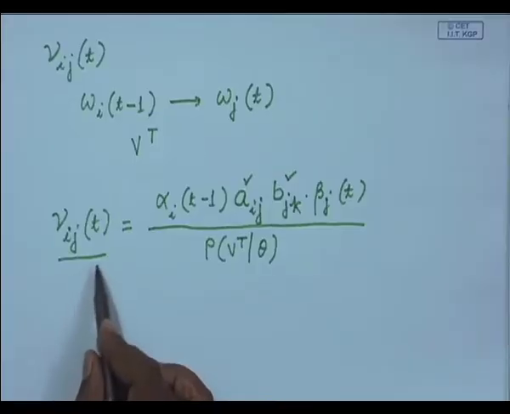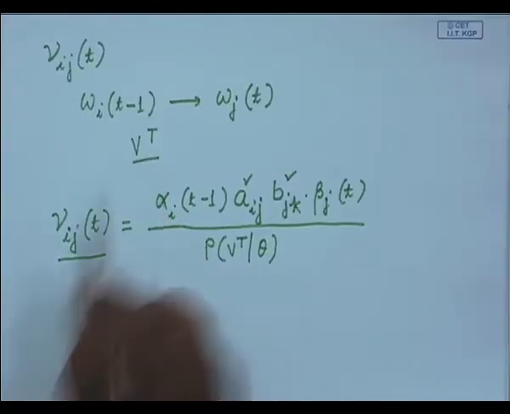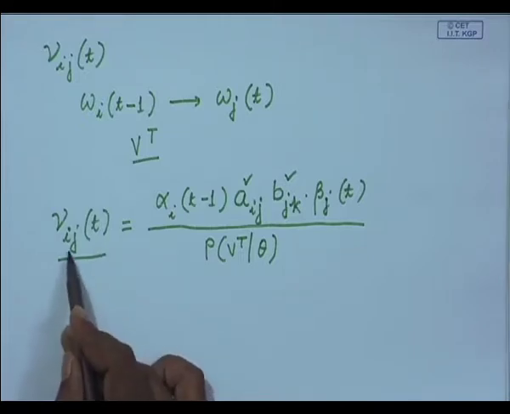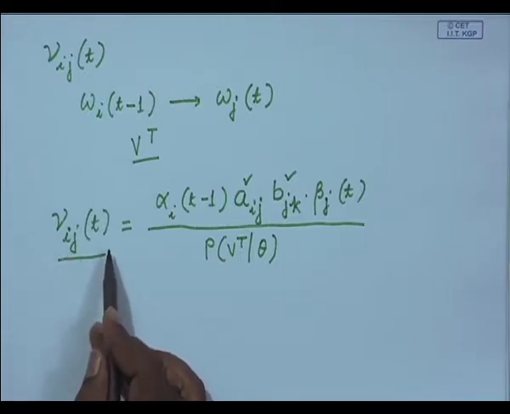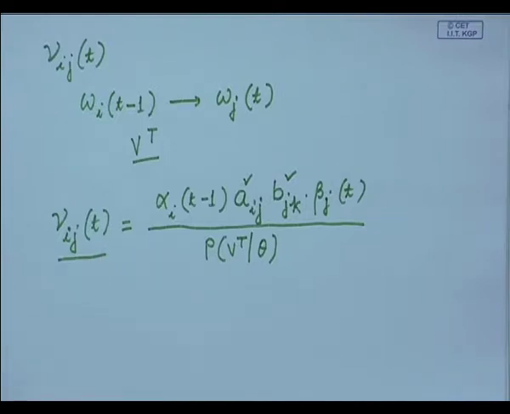Using that and using a training sequence V t, you try to estimate what is gamma i j t. And now, you can use this estimated gamma i j t to refine or to improve the values of a i j or the values of b j k. So, how can that improvement be done?